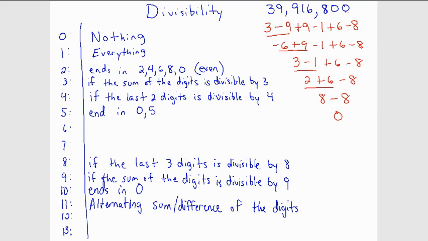All right, from there, I'm going to go from one prime number to the next. I'm going to go to 7. Now, when you research this, there's a couple rules you can do, and that is that we can take the last digit times 2 and then subtract from remaining digits.